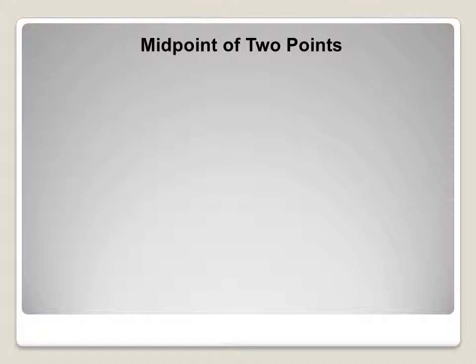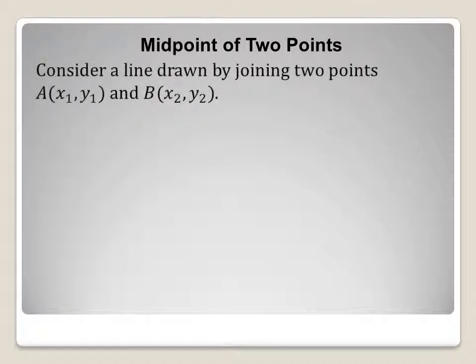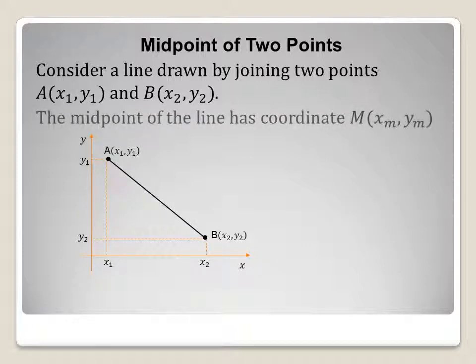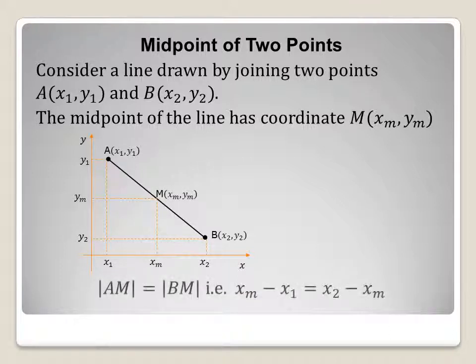Midpoint of 2 points. Consider a line drawn by joining 2 points A with coordinates x1, y1 and B with x2, y2. If the midpoint M has coordinates xm and ym, then the length of AM is equal to BM.